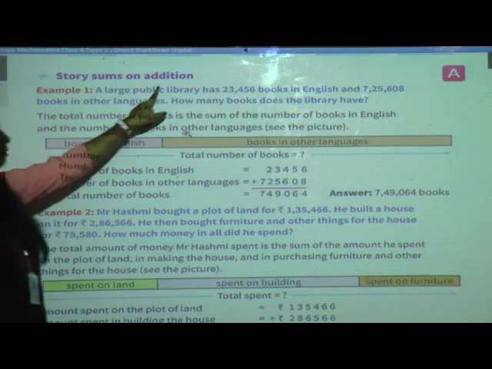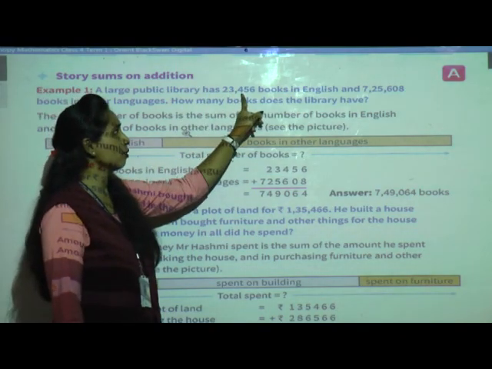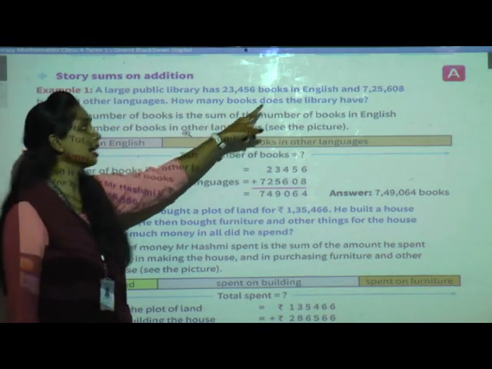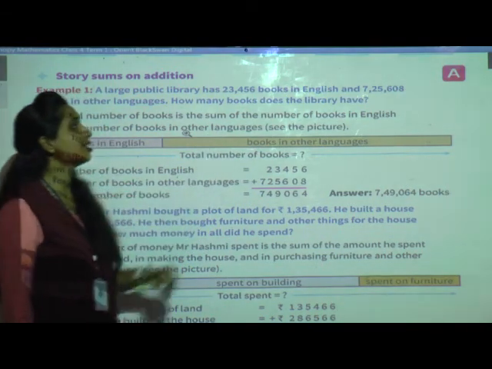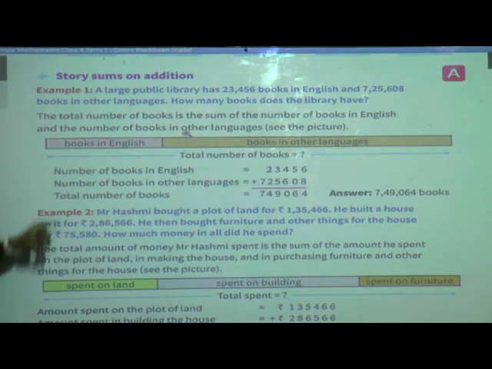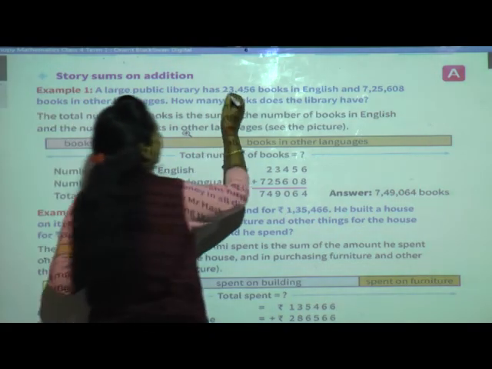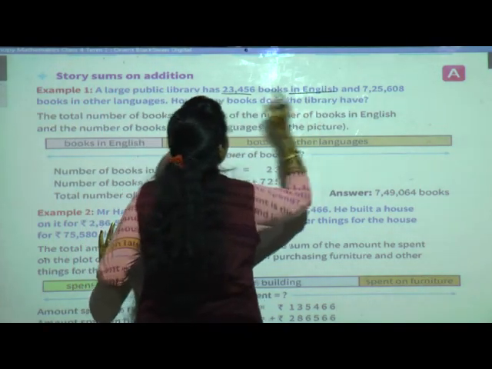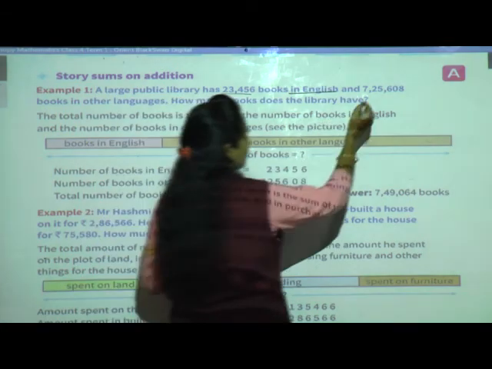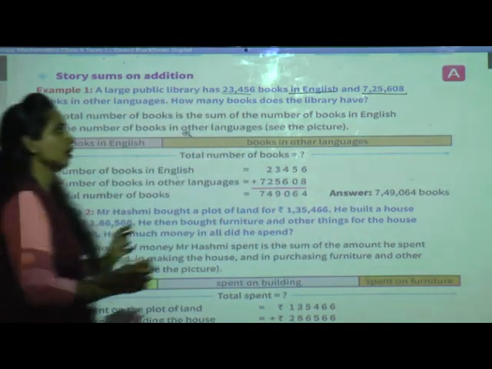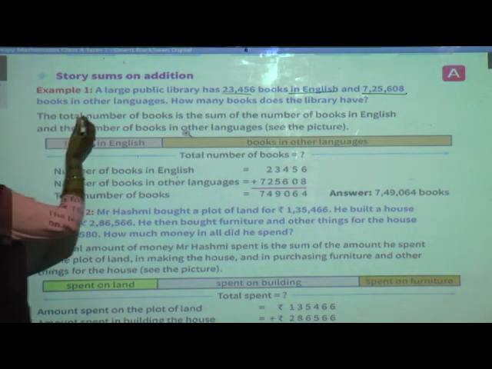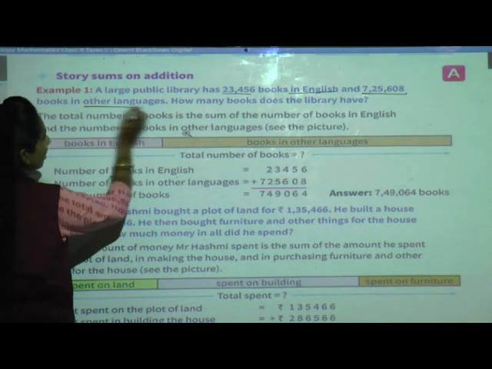A large public library has 23,456 books in English and 7,25,608 books in other language. So how many books are there in English? 23,456 and 7,25,608 in other language.